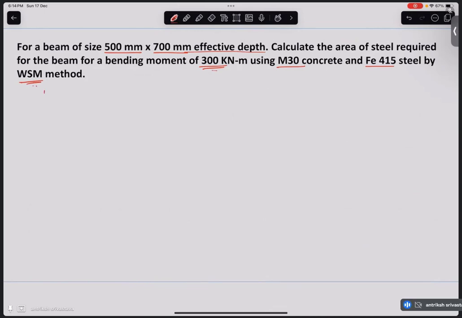Okay, so we have a beam, some reinforcement is there. This is 500 mm and this is 700 mm effective depth. So B is 500, D is 700. Alright. What else is given?